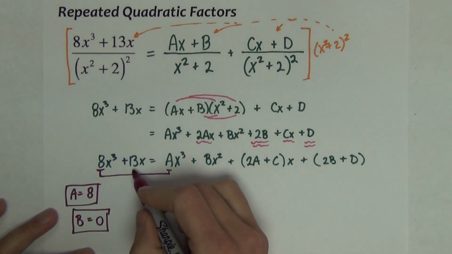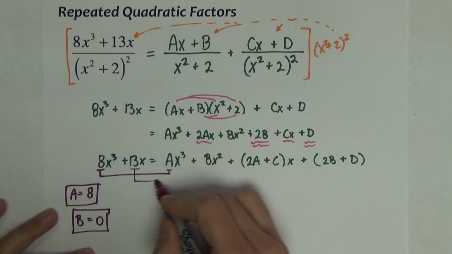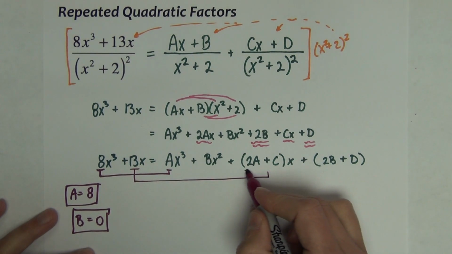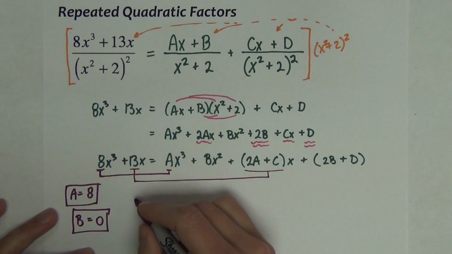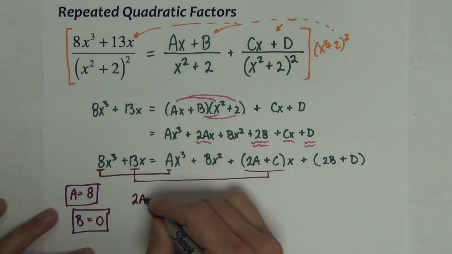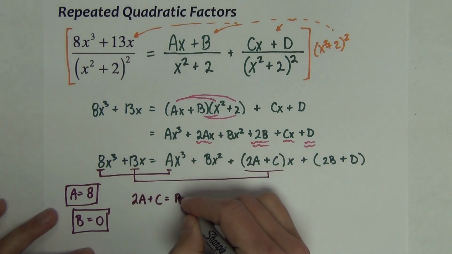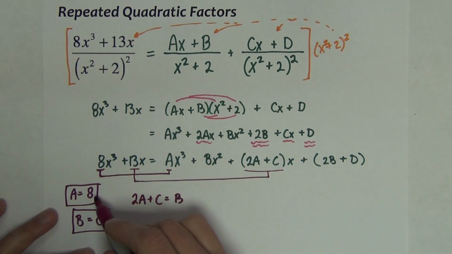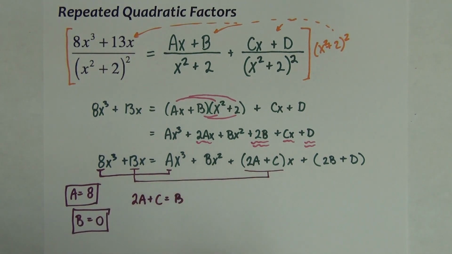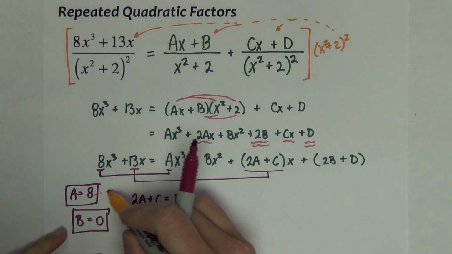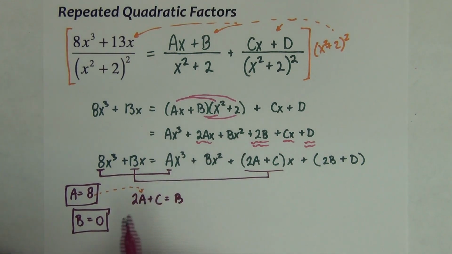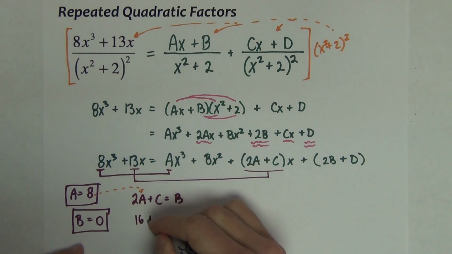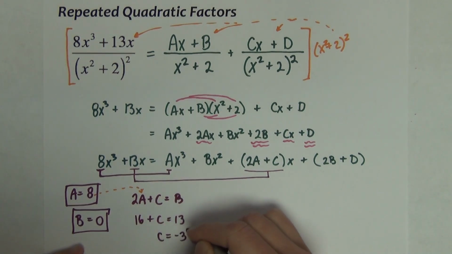Next I can take this 13, which is in front of the x, and match it with this term in front of the x. So 2a plus c equals 13. We already know that a is 8. So if I put 8 there, we get 16 plus c equals 13, so c equals -3.